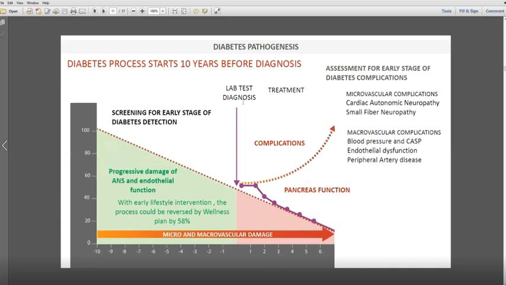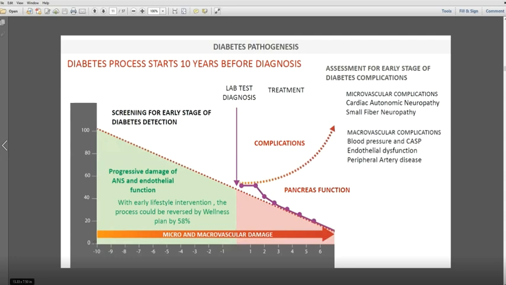So diabetes, we know it's a 10-year process. So diabetes begins 10 years before the actual lab results are presented. So here is when lab tests are diagnosing the disease. But prior to the actual fasting glucose, OGTT, all the different lab tests to diagnose diabetes, there's damage that's occurring 10 years previous.